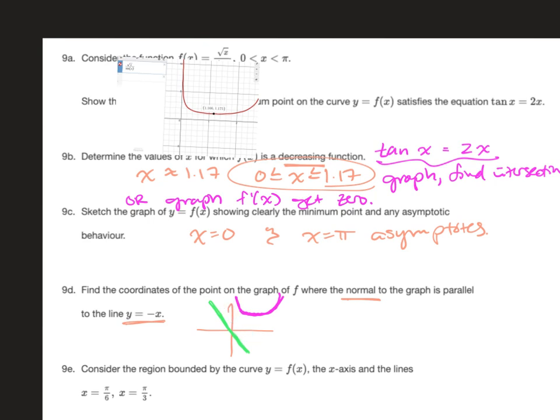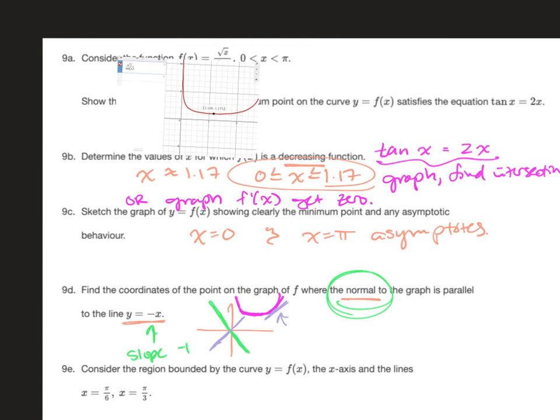So what we're looking for is a slope of 1. This line has a slope of -1, but we want the normal, which means we want the opposite reciprocal, so we want a slope of 1.